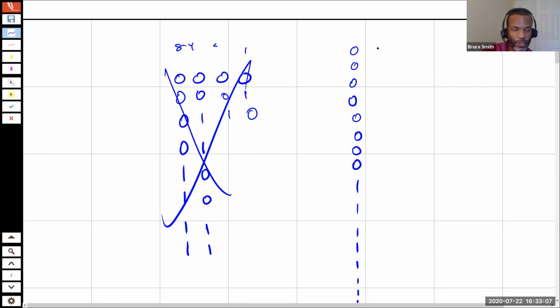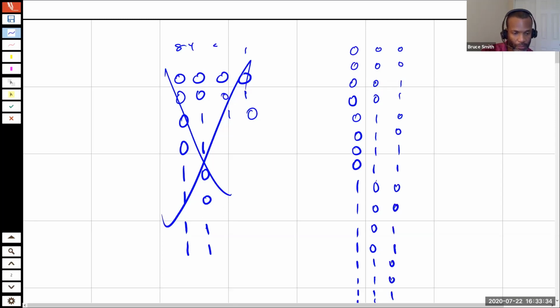Now it goes 1, 2, 3, 4. So those are 8, and then it reduces. 1, 2, 3, 4, 1, 2, 3, 4, 1, 2, 3, 4, and then every 2, 1, 2, 1, 2, and then this one is every other 1.